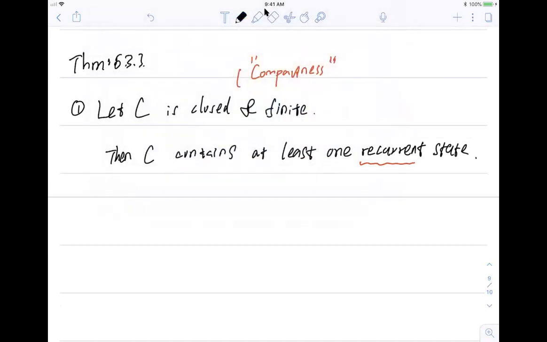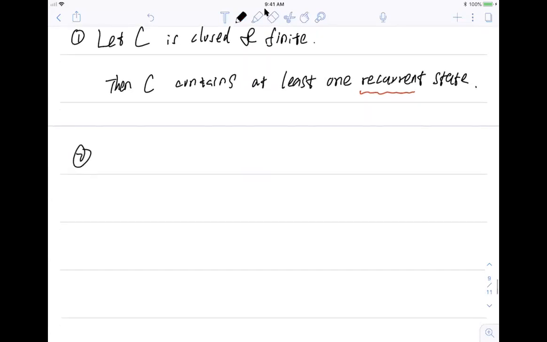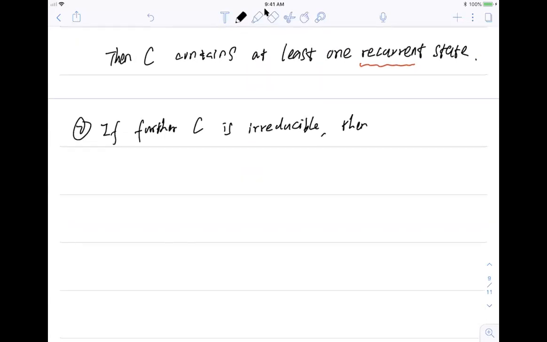Second, if C is reducible, then all states in C are recurrent.